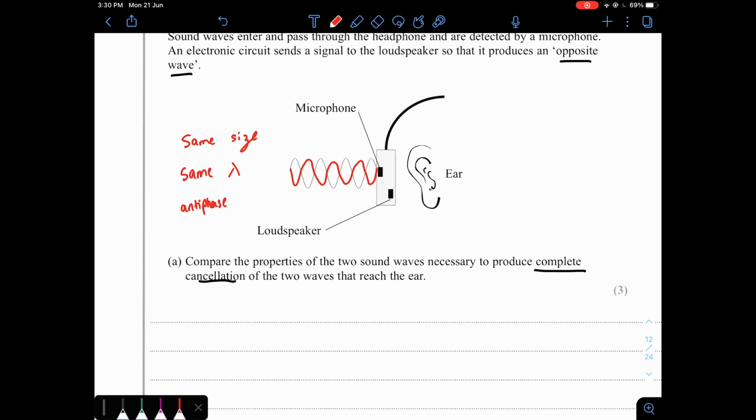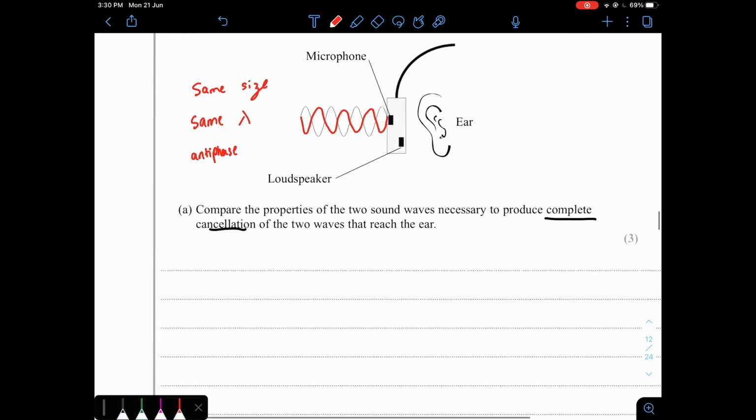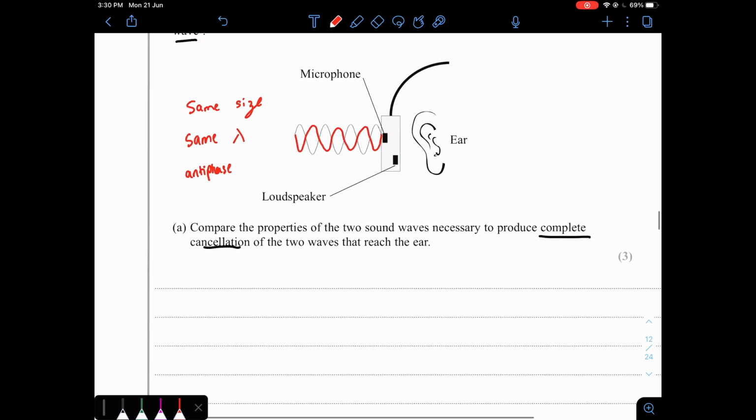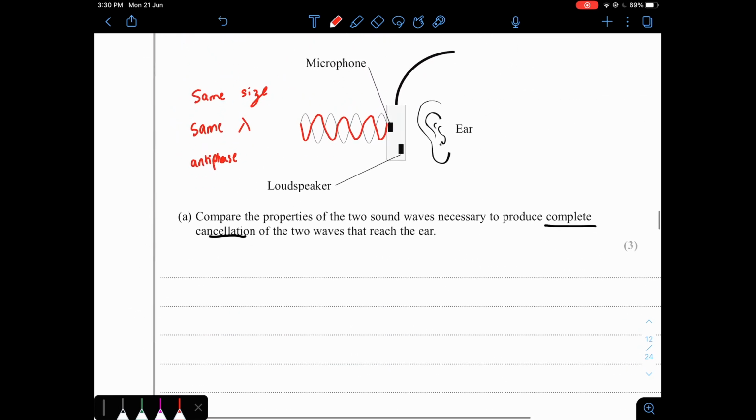Now, how do you convert that into words that we can answer the question with? So comparing the 2 properties, we can say, you have to say the 2 sound waves must have the same amplitude, which is to do with size, right?